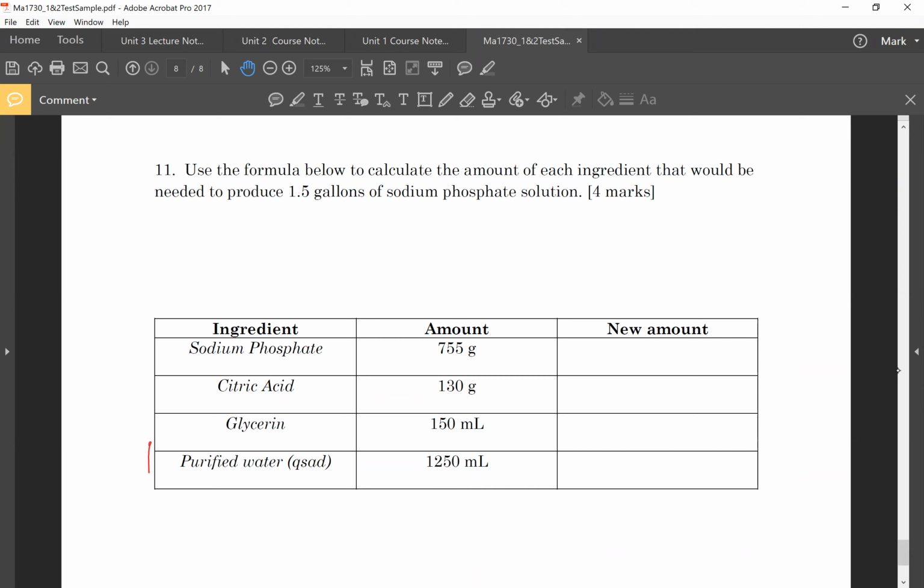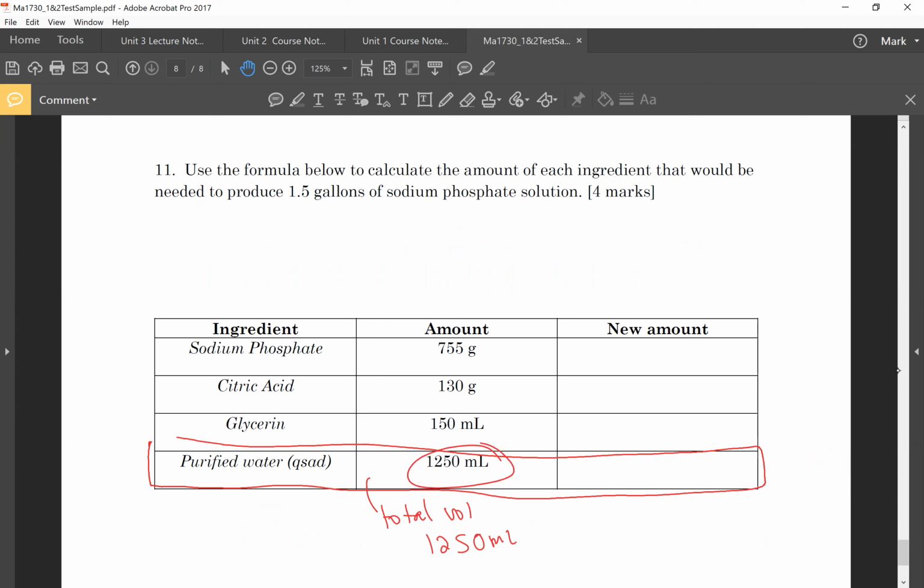Well, the solution total volume is 1,250 milliliters. What that means is when it says purified water, QSAD, that's Latin, not really an acronym, but it means add to the specific volume, the quantity volume.